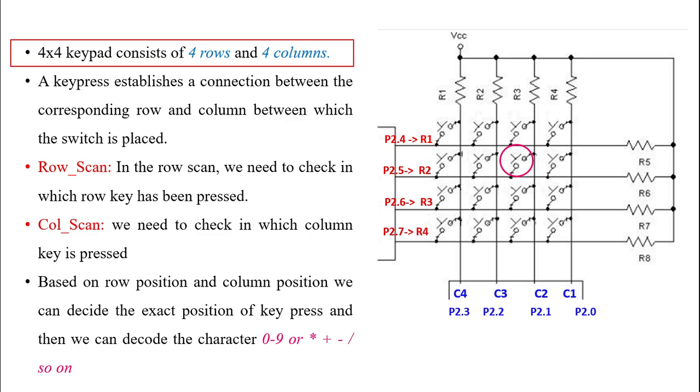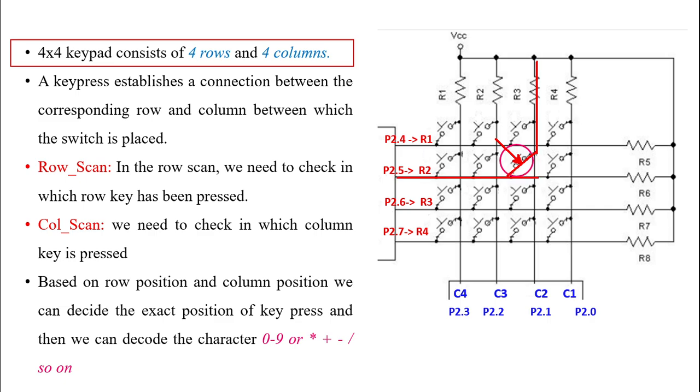Each row corresponds to one set of keys, and each column corresponds to one set of keys. I'll explain this later. Whenever you press any key, it is going to interact between that particular column and that particular row.